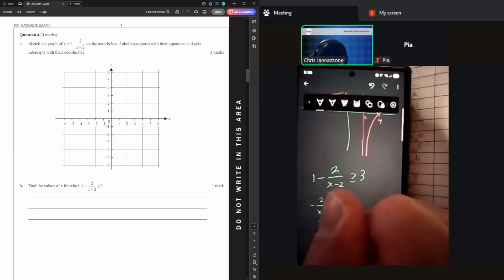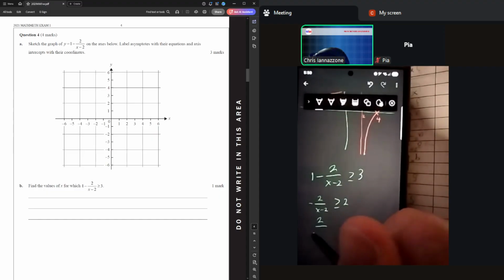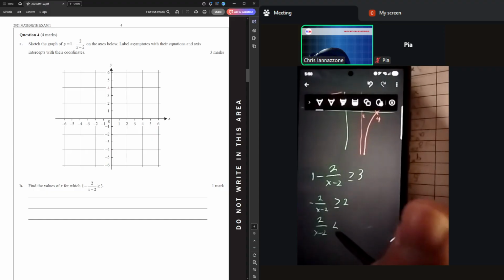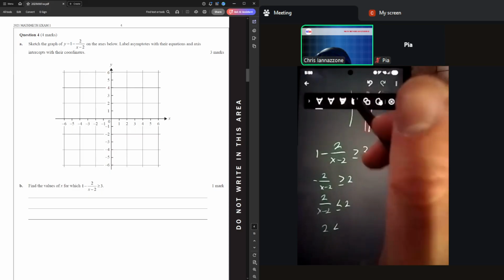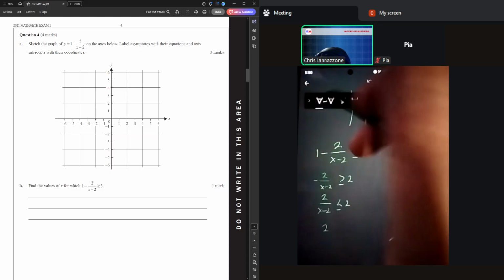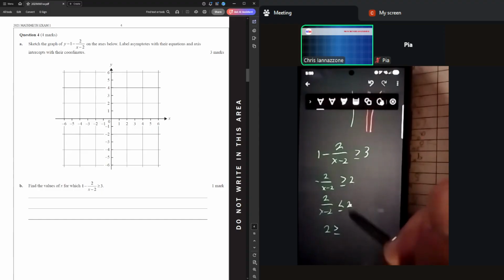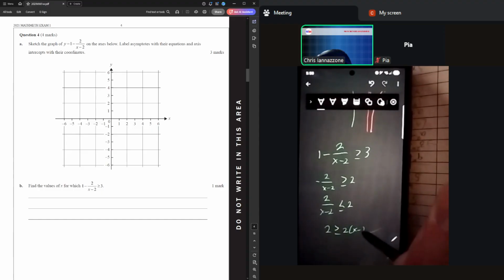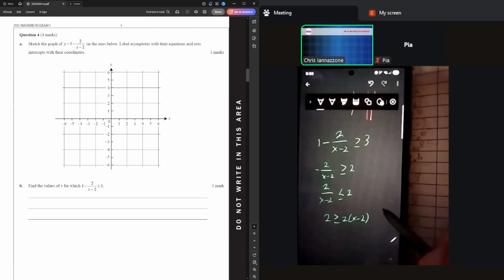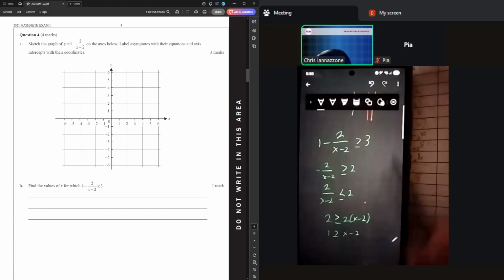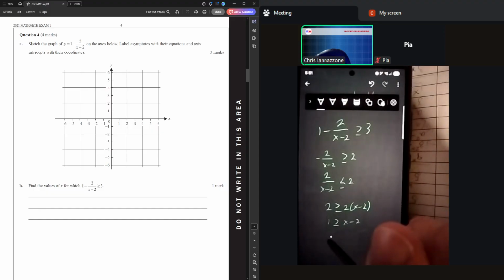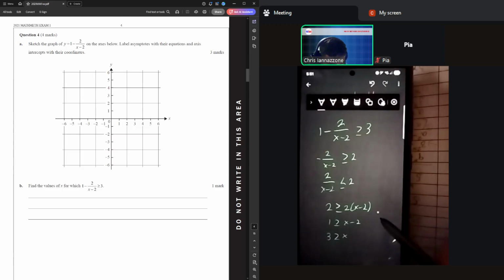Multiply both sides by negative 1. 2 on x take 2 less than or equal to... Multiply both sides of the equation by that and pretend that thing was a negative number. Now divide... x take 2... 3 greater than or equal to x. I didn't really do it, did it?